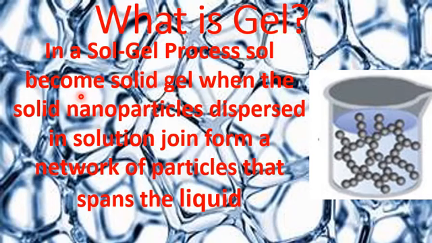When a sol in a sol gel solution becomes a solid gel, this is done when solid nanoparticles dispersed in a solution join and form a network of particles. The solid particulates in a solution join and form a network, and in this way they form a gel.